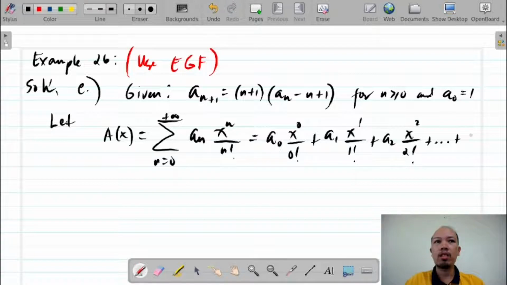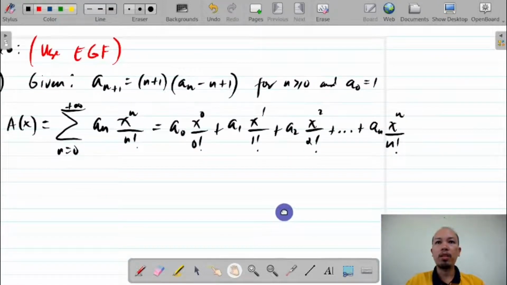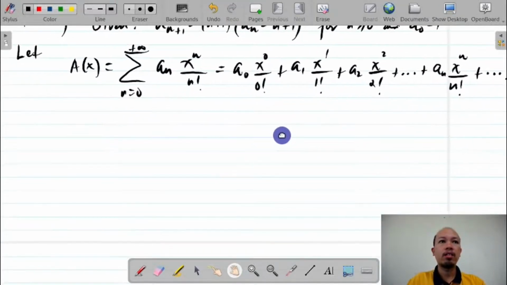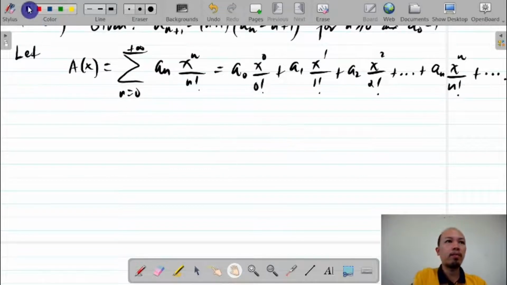This is a sub n x to the n over n factorial, plus dot dot dot, and this is the period. Okay, so that's the expansion.